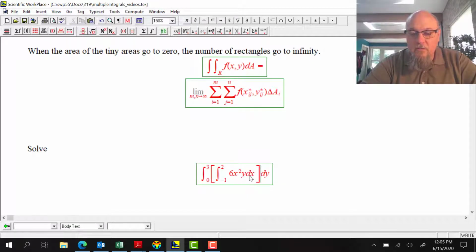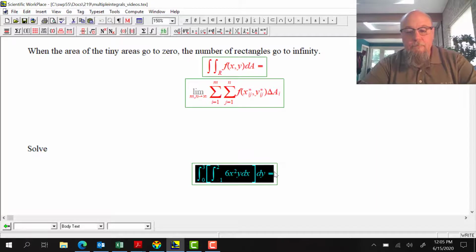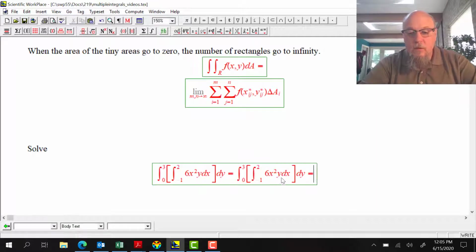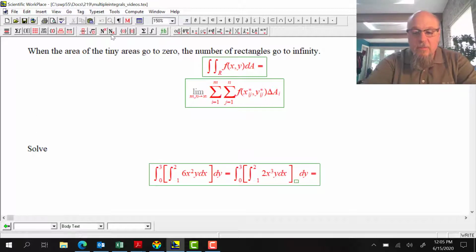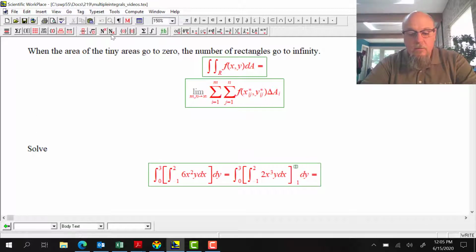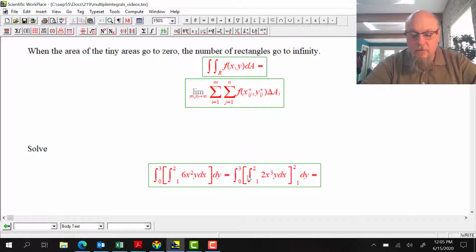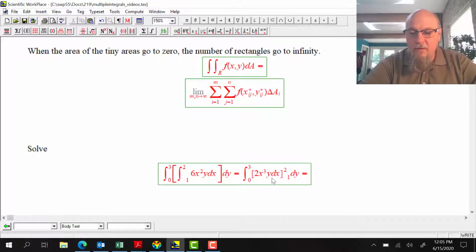So I can integrate this expression with respect to x. So integrating with respect to x, treating y as a constant, that's an add 1 to the exponent, divide by what's up top. And then we're going to go for x, sub in the minus 1 to the top. So there we integrated with respect to x.